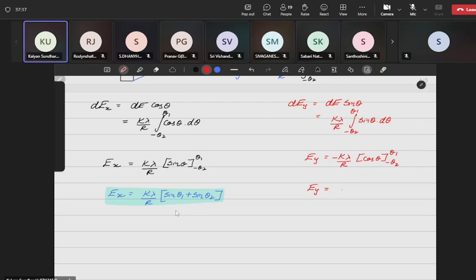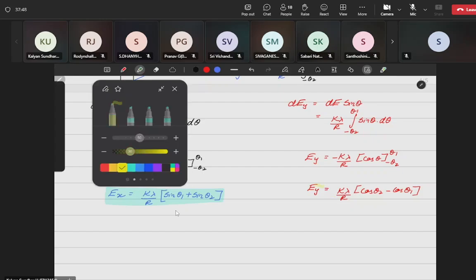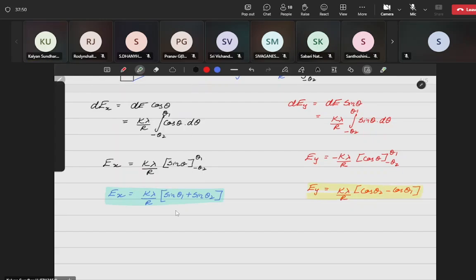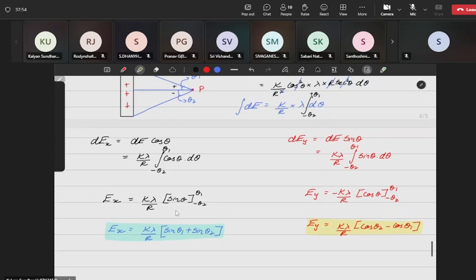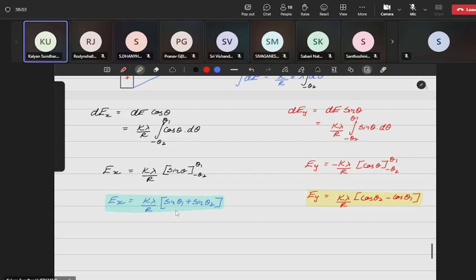Now this one will be K lambda by r (cos theta2 minus cos theta1), because of the minus outside. So this is how we measure the electric field for a complete elongated rod with angles theta1 and theta2. So E along x, E along y.